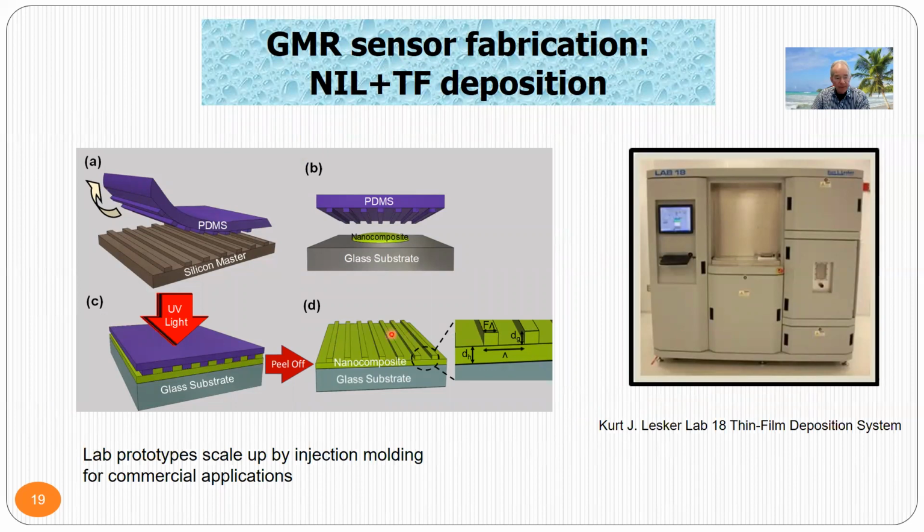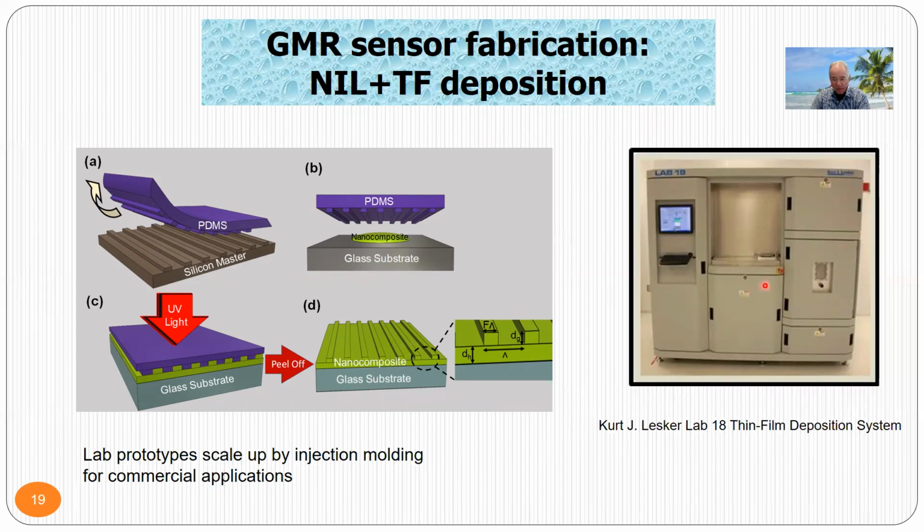And for nanoimprint lithography, we make a master, and then we press the master down on a nanocomposite and then peel it off, so we can have a sensor right there. Now, this is a little bit hard to control, so sometimes we just make a surface on a substrate, and then in that case we would coat that surface in our Kurt Lesker here to have a resonant film sensor.